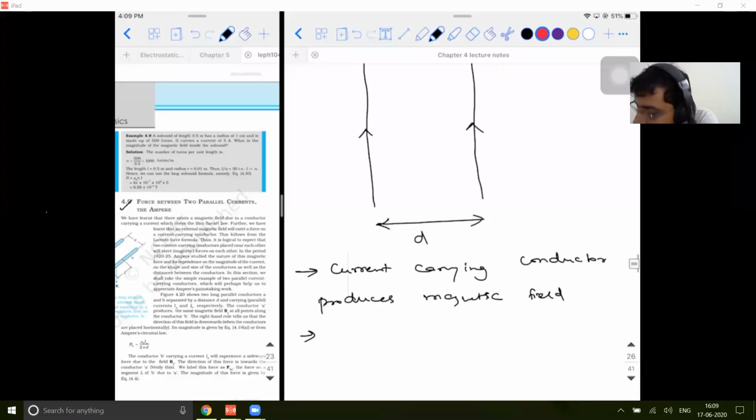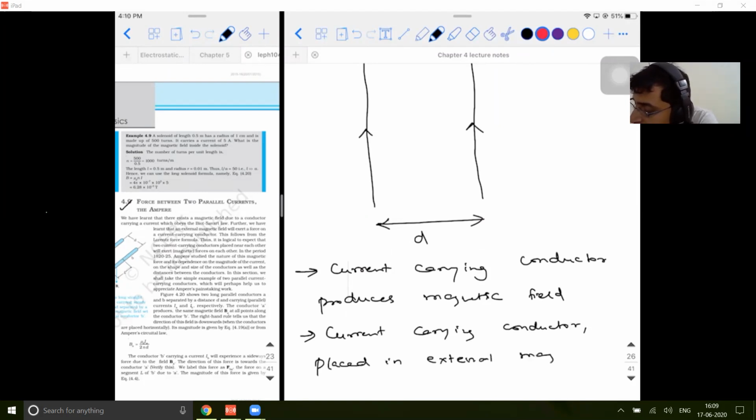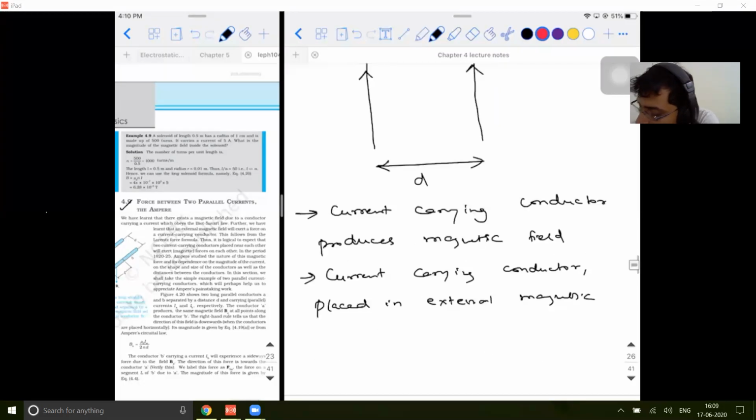Similarly, a current carrying conductor placed in an external magnetic field experiences force. So these are the two concepts known.